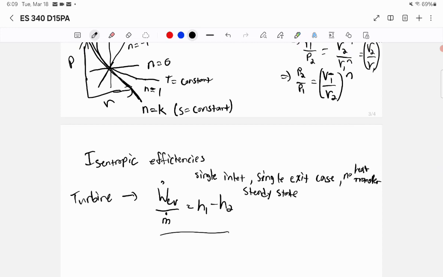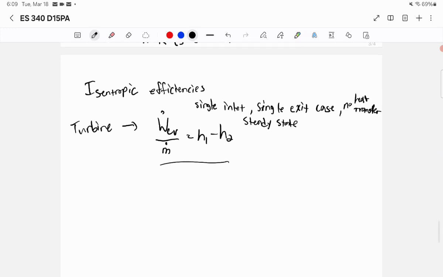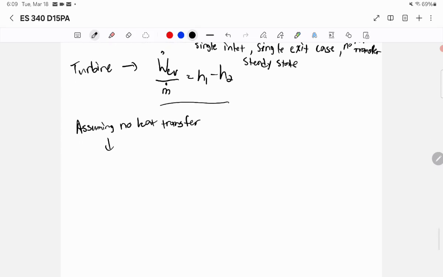If we're assuming that there's no heat transfer, which we assumed up here, then we can come down here and say, okay, well, if it's isentropic, then we should find that S2 minus S1 has to be equal to 0.